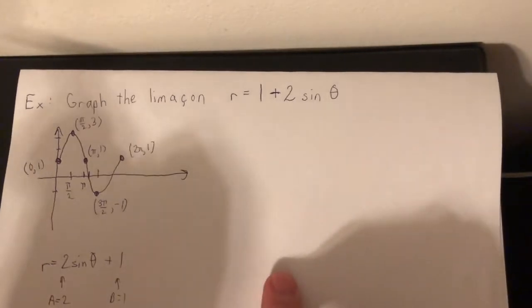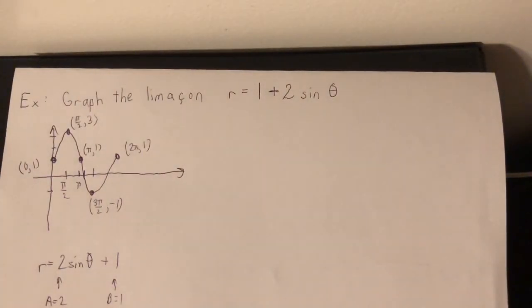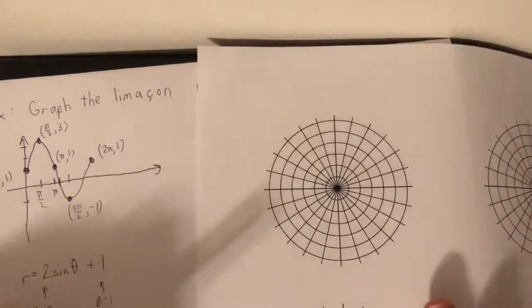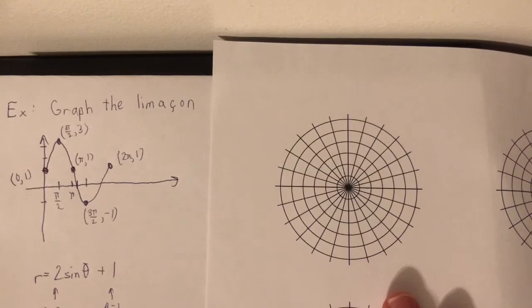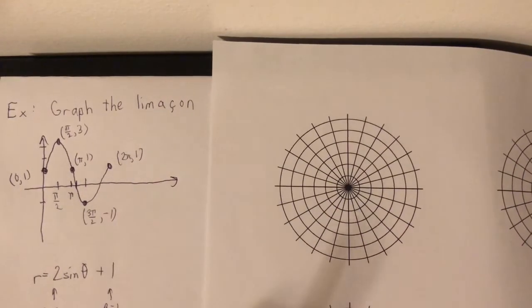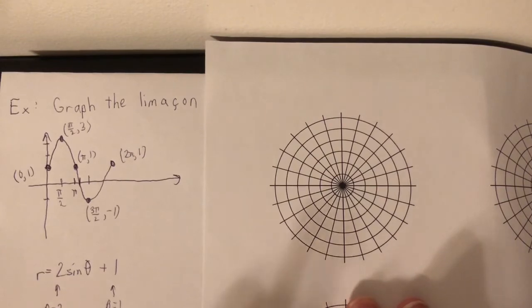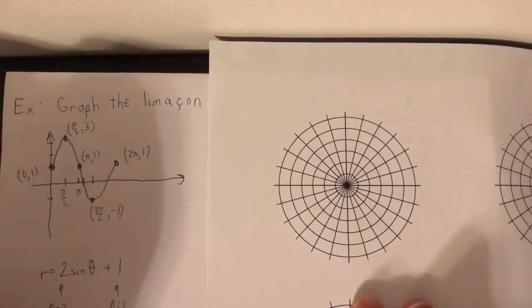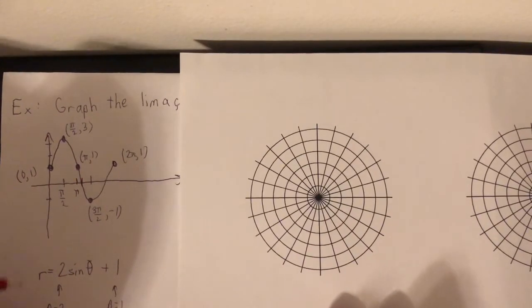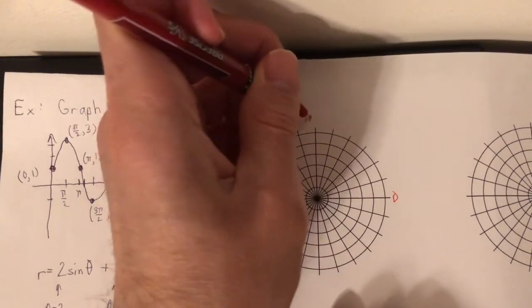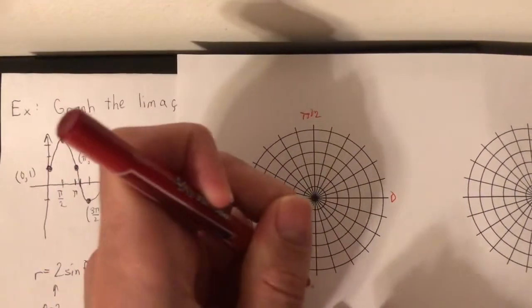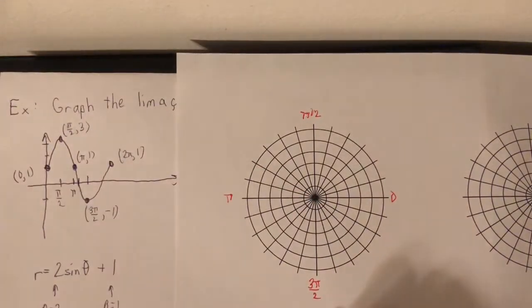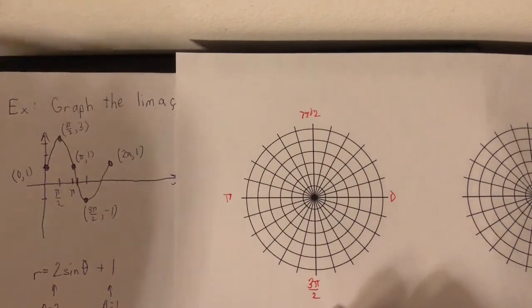Alright, so let's take a look at the polar graph here. Get some polar graph paper for us. And as you can see, one thing that's going to change for us is the fact that we actually dip below the axis just a bit. So let's tackle that in due time. So I'm going to label my quadrantal angles to start with.